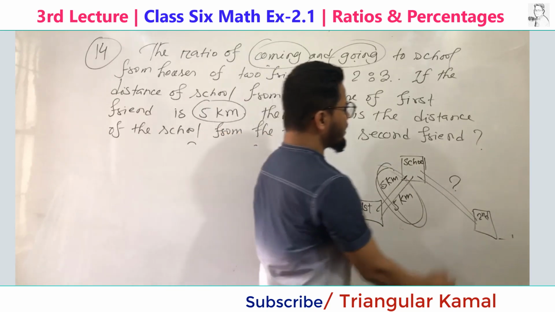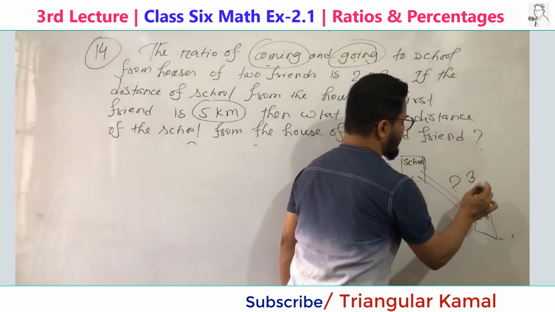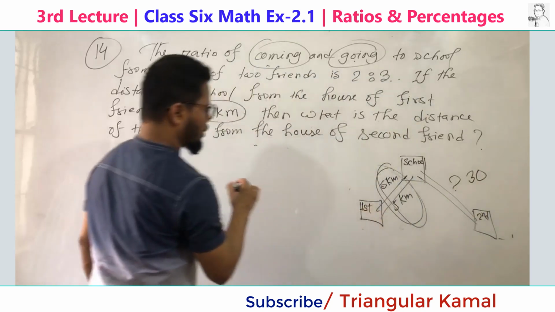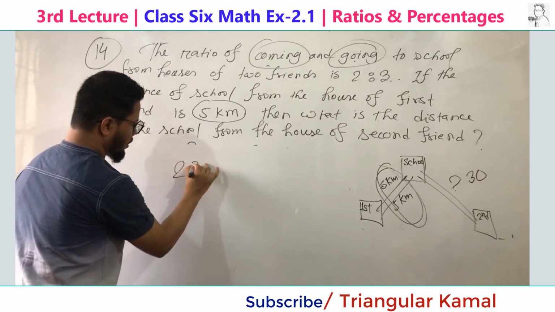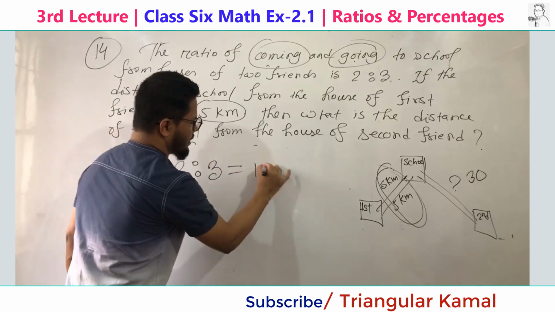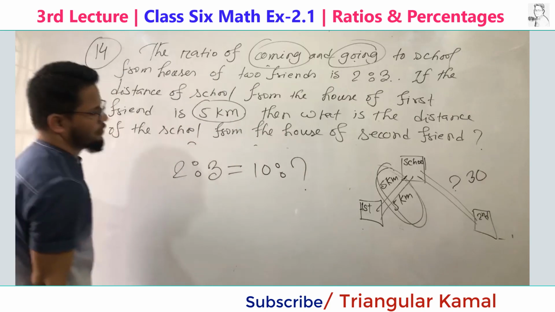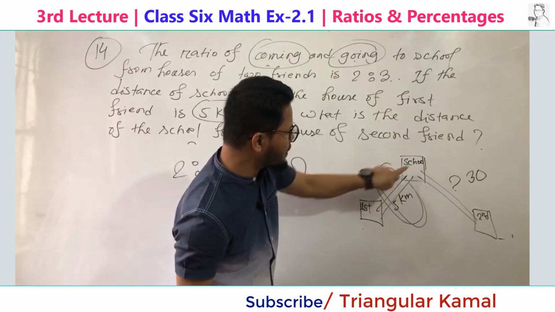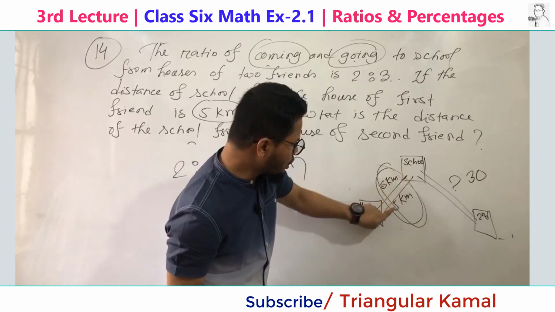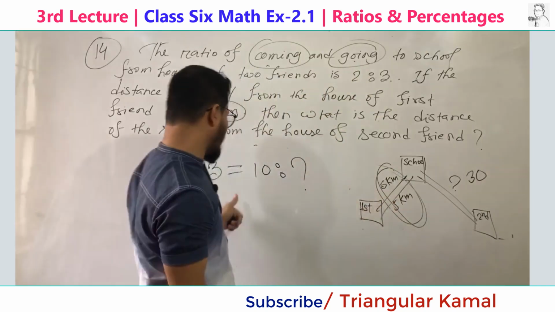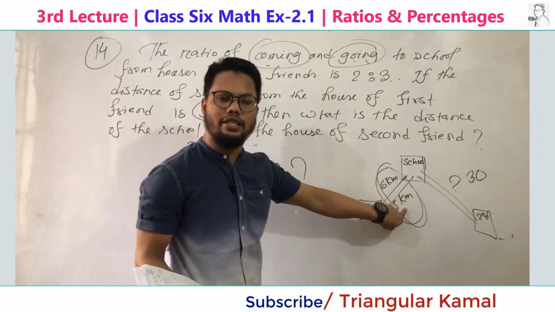Then 2 ratio 3 is converted as a 10 ratio what? Because when the distance from school to house is 5 kilometer, the going distance or coming distance is also 5 kilometer, then the total distance is 10 kilometer.